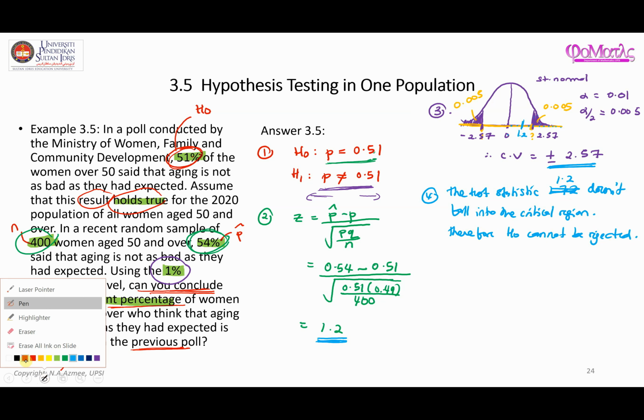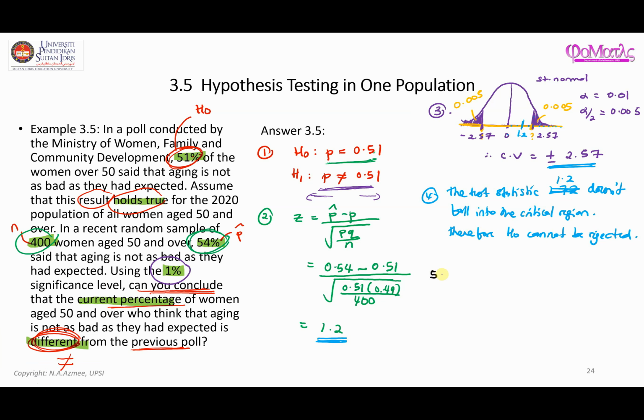As a conclusion, again, the conclusion has to be related to the alternative statement given here. Since you cannot reject H null, this statement is not supported, right? So that is another way of saying it.